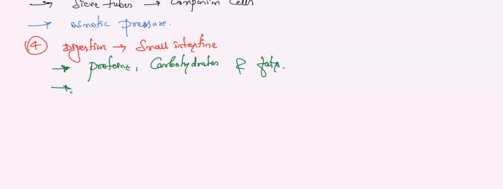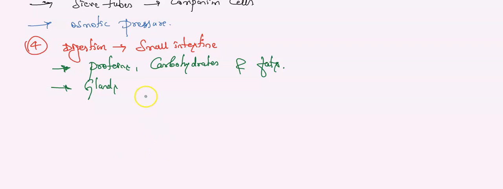Now see children, if digestion has to take place, some additional things are required. Yes, those are glands. Next point is glands present in the walls of the small intestine.